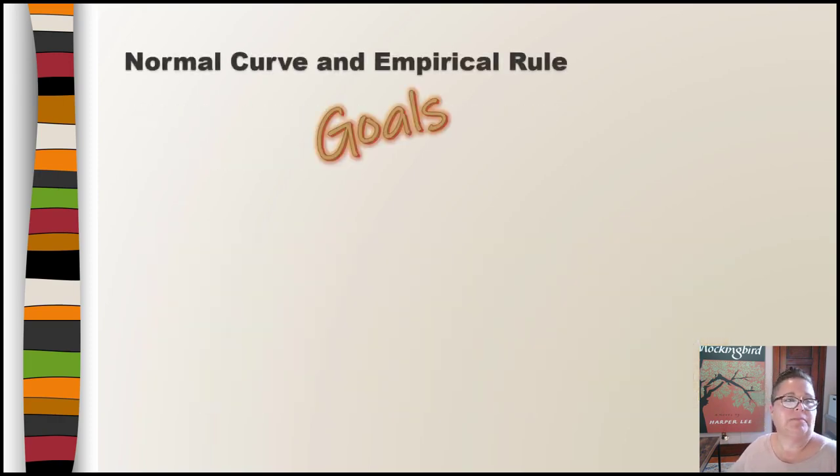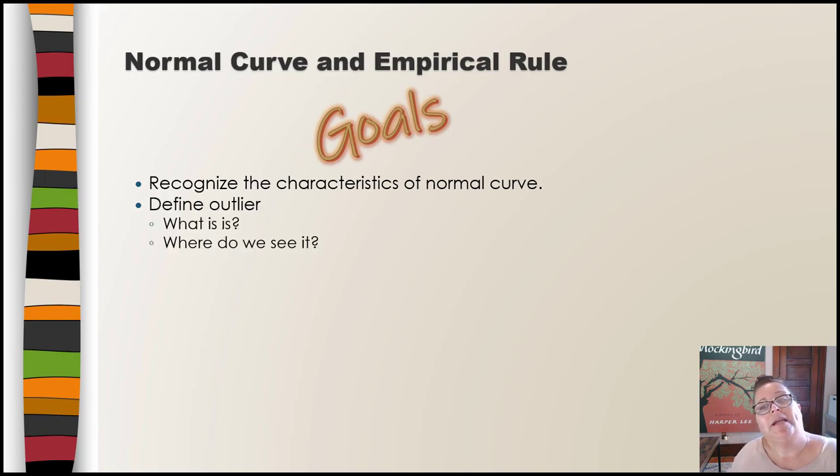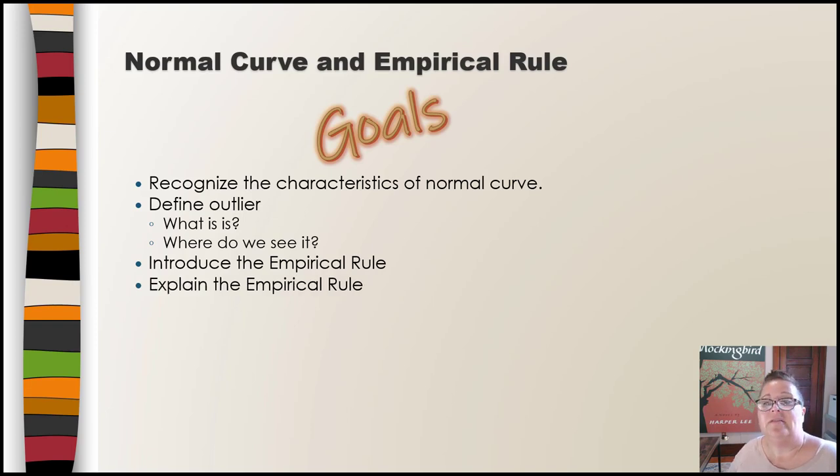All right, so our goals for this particular presentation are as follows. The first thing we want is for you to be able to recognize characteristics of a normal curve. We want to talk about what an outlier is and where we find them. Then we're going to introduce the empirical rule, and we're going to have you explain that and work with it.